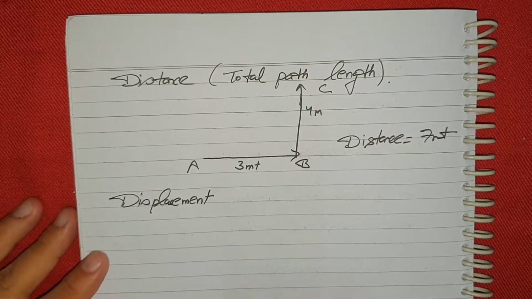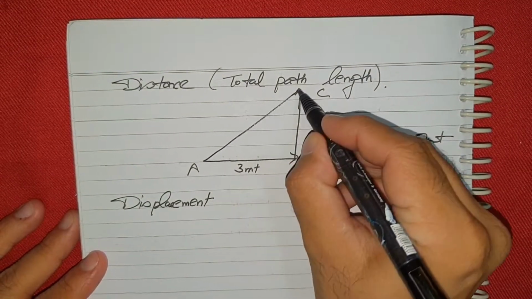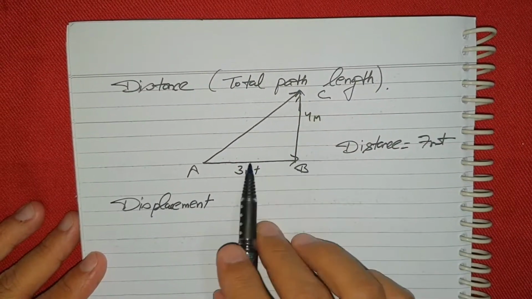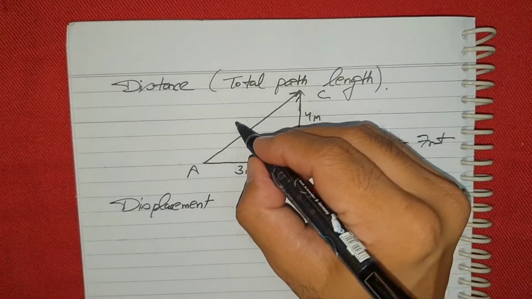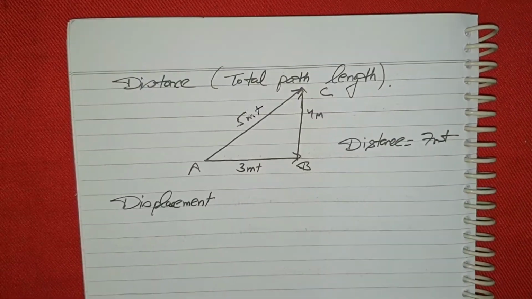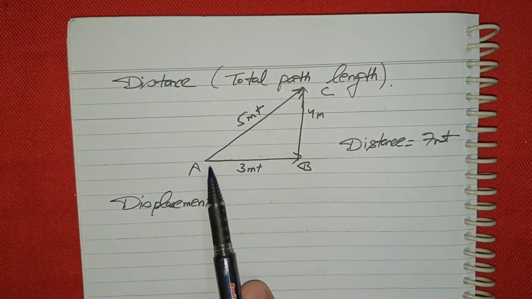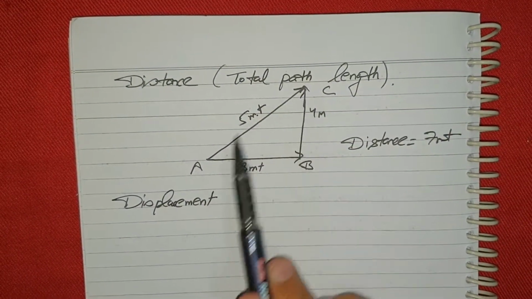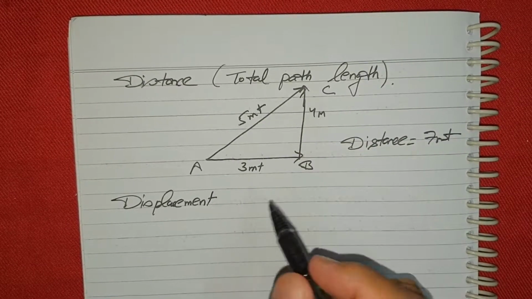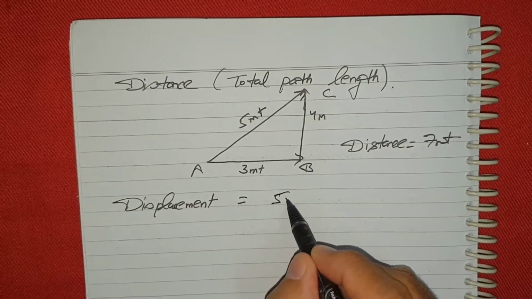So, to get the displacement, now this is the displacement. If you solve it by using Pythagoras theorem, this comes out to be 5 meter. So, displacement is the difference between the initial and the final position. The displacement will be 5 meter.